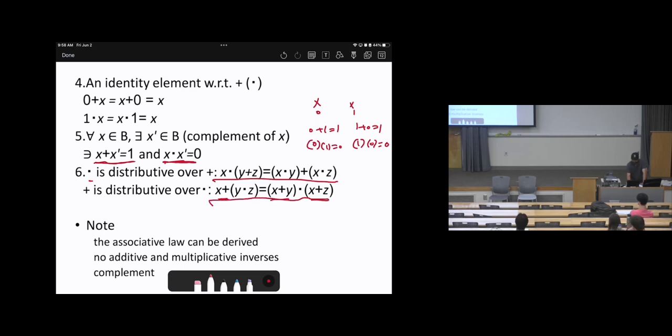Maybe these things might look new to us. x plus y times z will be x plus y times x plus z. We will use this a lot.